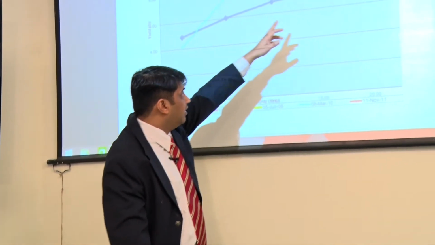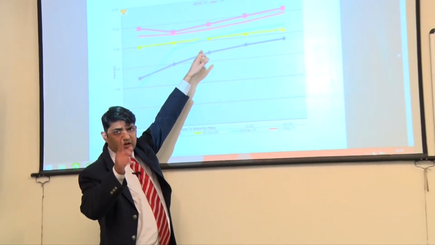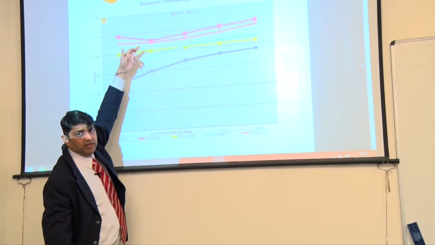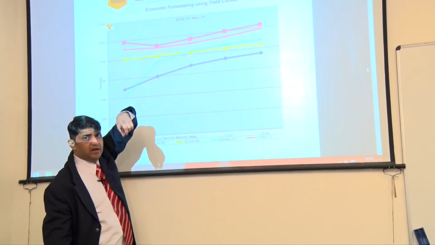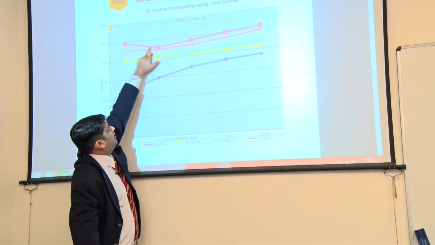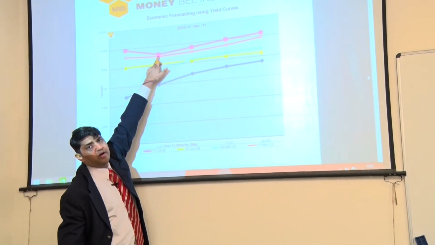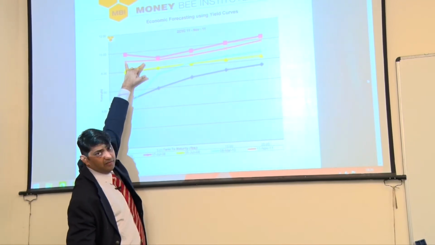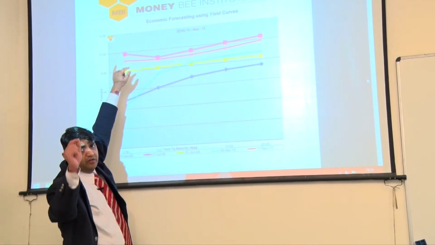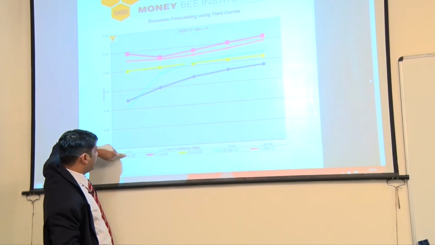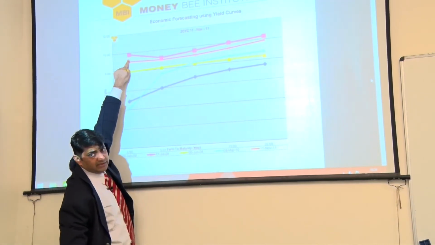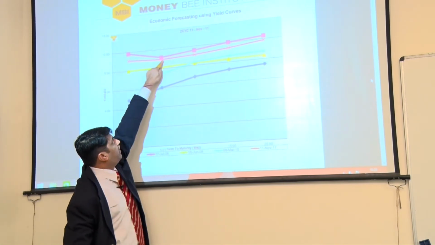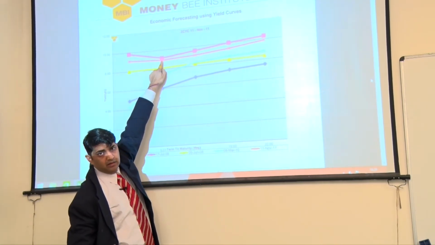The yellow yield curve was a flat one, and the pink one, we can say the pink one is an inverted yield curve. This part is very clearly visible that if you invest for the short term, you are getting 10%, whereas if you invest for 5 years, you are getting close to 9%.